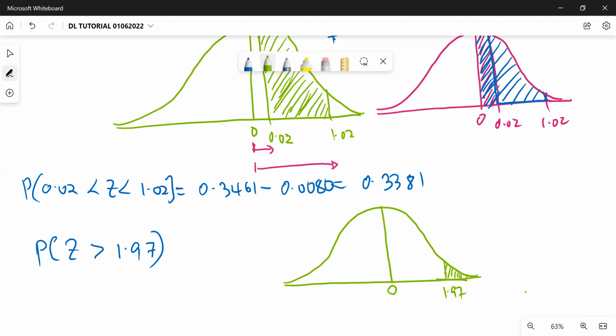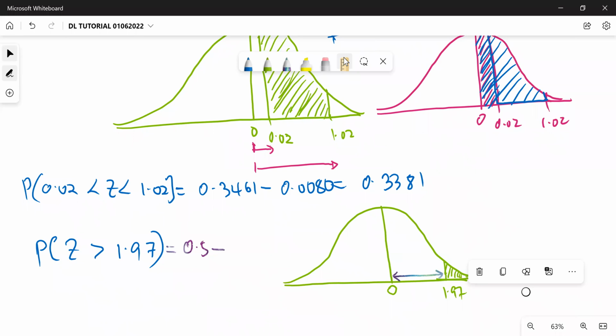Okay. So you notice that your table will give you the area from here up to there. But that's not what you want. You want the area beyond there. So in that case, you will have the total area above 0, which is 0.5, minus the area between 0 and 1.97. So sometimes you'll be adding, some other times we'll be subtracting.